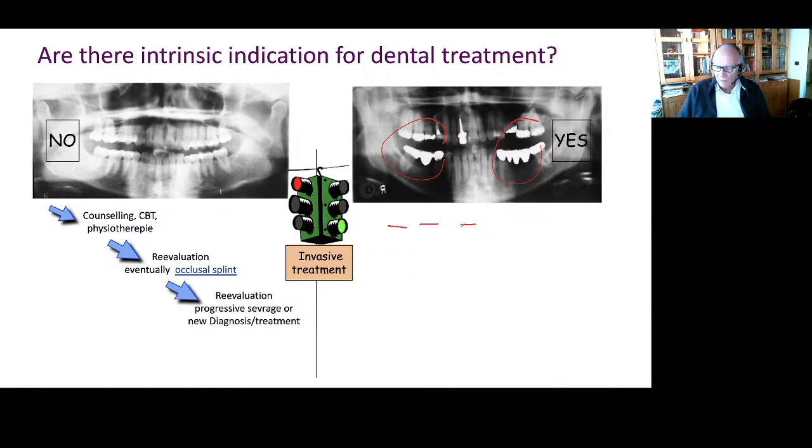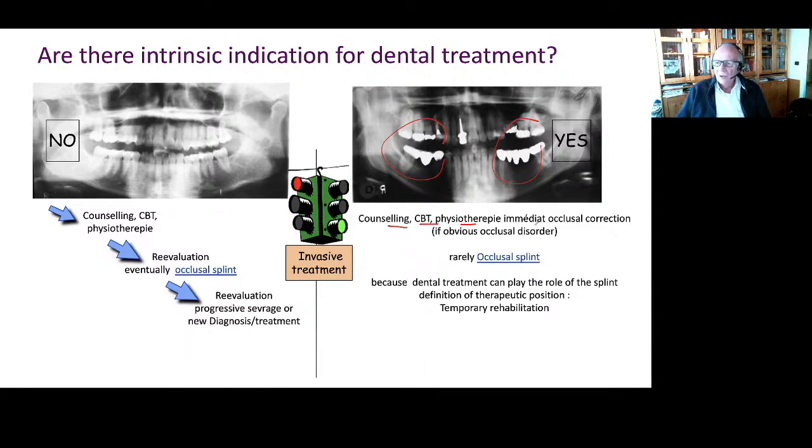And sometimes immediate occlusal correction if there is an obvious occlusal disorder. Rarely an occlusal splint for me at this time, because I can change the function by temporary or by composite bonding. And I prefer a real tooth to an acrylic splint, which is a caricature of the function.